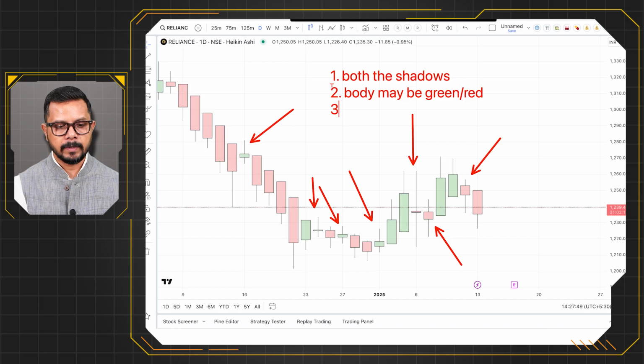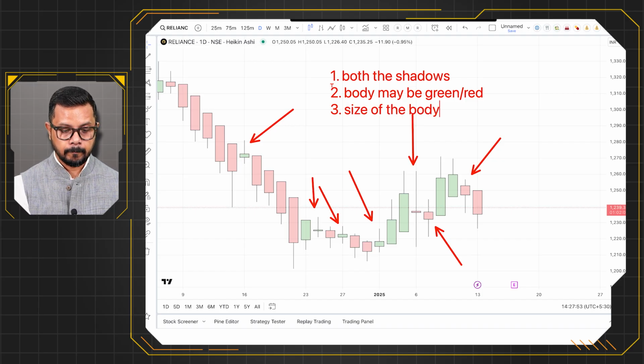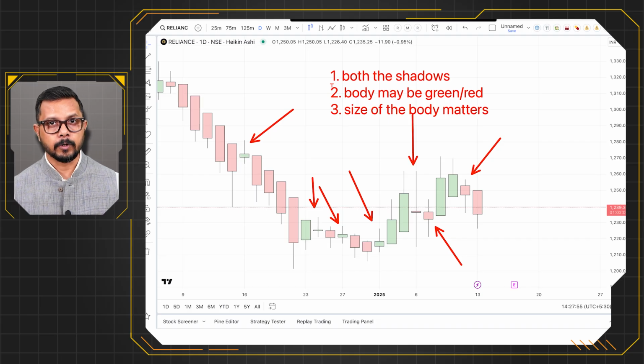Another point I should mention here is that the size of the body matters. This is where it is tricky. This is where it is interesting. And this is where it is going to get profitable, or it is going to throw us an opportunity.